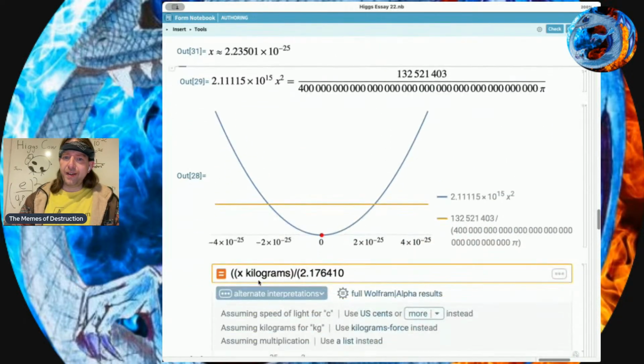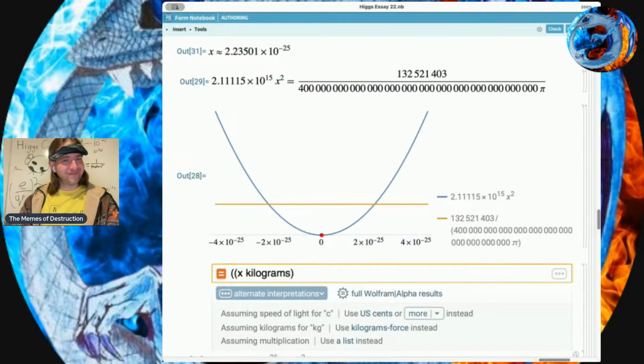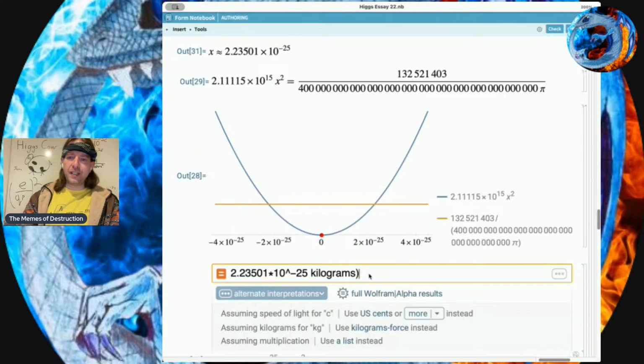Give us a value of 2.23501 times 10 raised to the negative 25 kilograms.